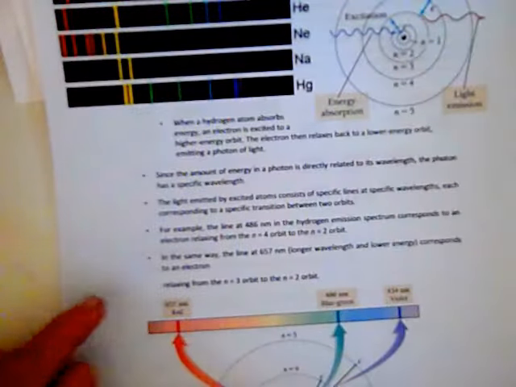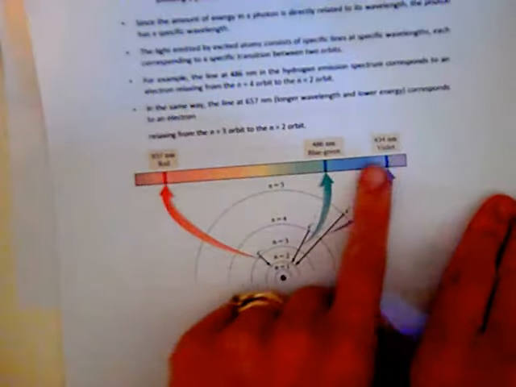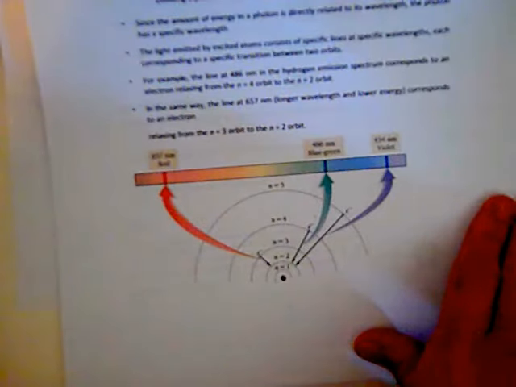You might also see things called an absorption spectrum instead of an emission spectrum. This would happen when an electron goes from one energy level to another. Instead of getting a black background with some colors popping up, you will get a colorful background, and then you'll get some black lines showing that energy has been absorbed, and there's the absence of that color because it was required for the electron to move to a different energy level.